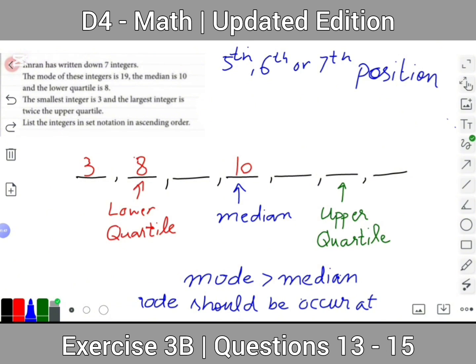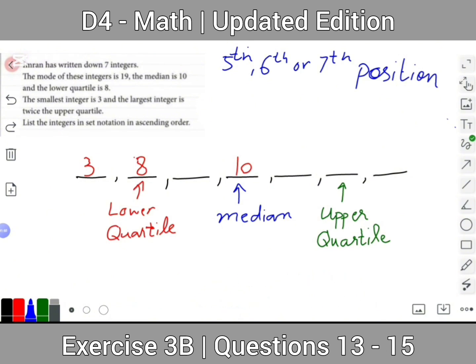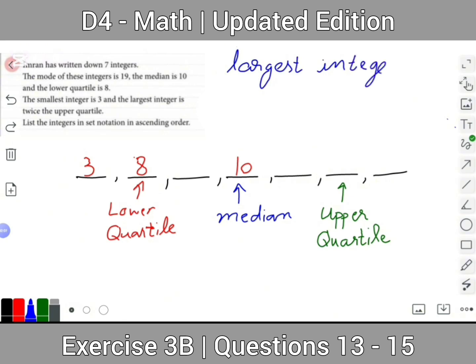Now since it is also given that the largest integer is twice the upper quartile, the largest number cannot be 19.